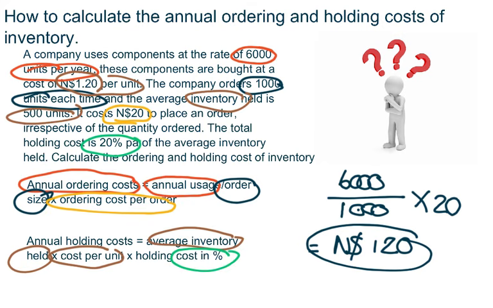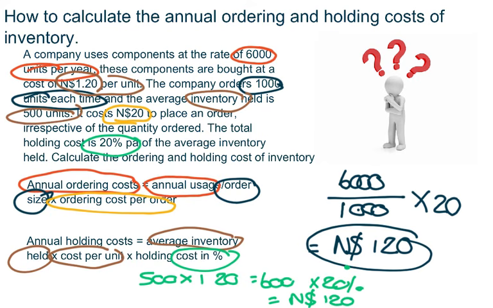So I can do this calculation. Average inventory held was 500 times the cost per unit of 120 equals, if I take 500 times 120, I will get 600, and then times 20%. So then you will see my annual holding cost is also 120 Namibian dollars.